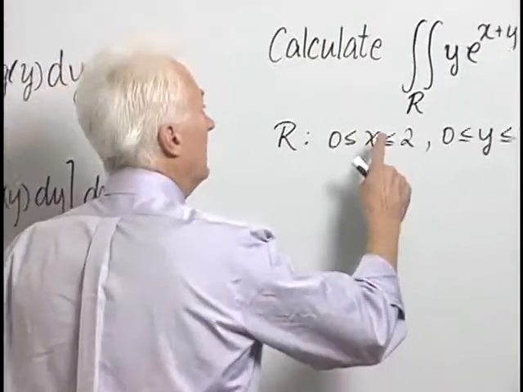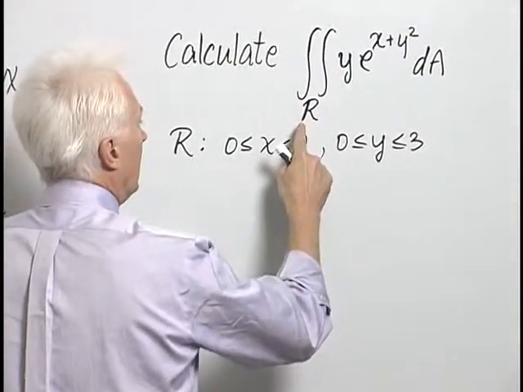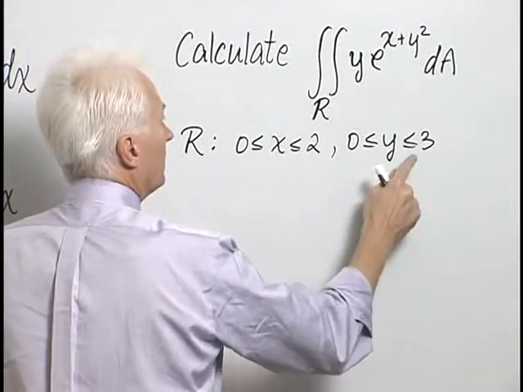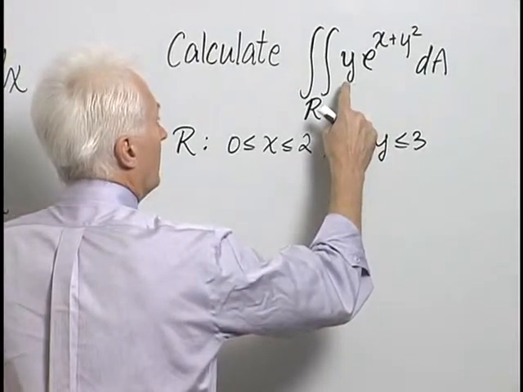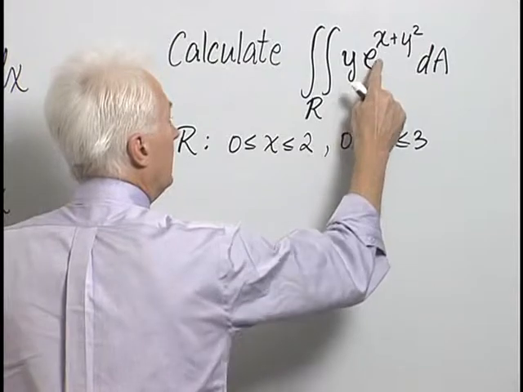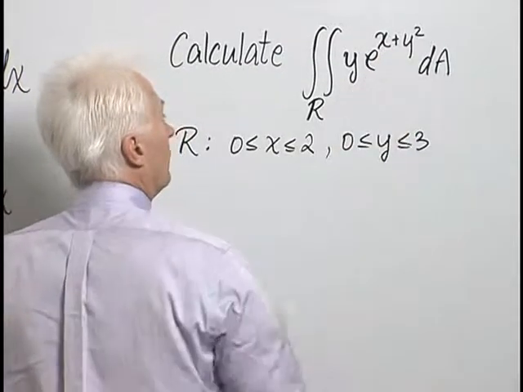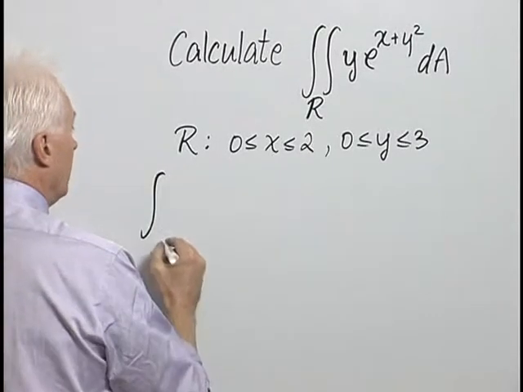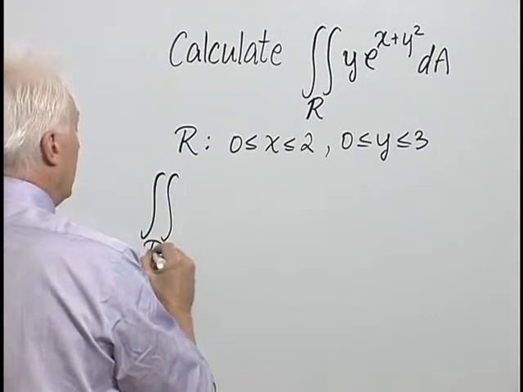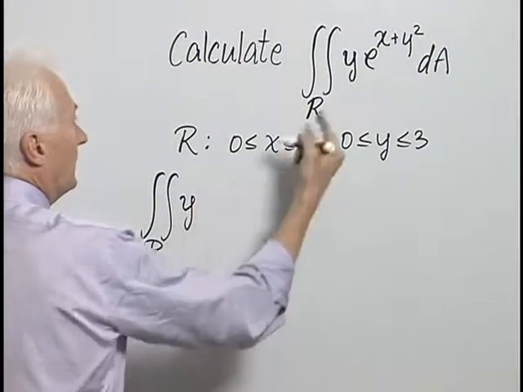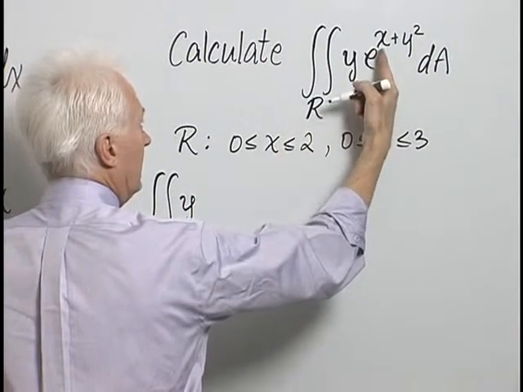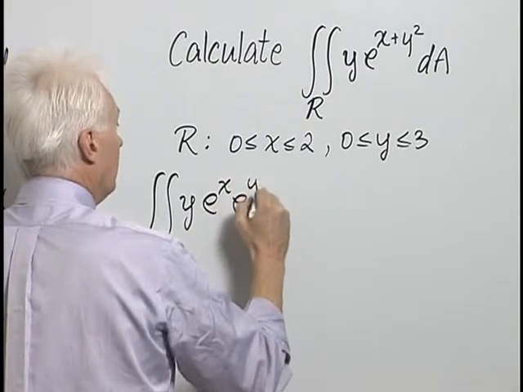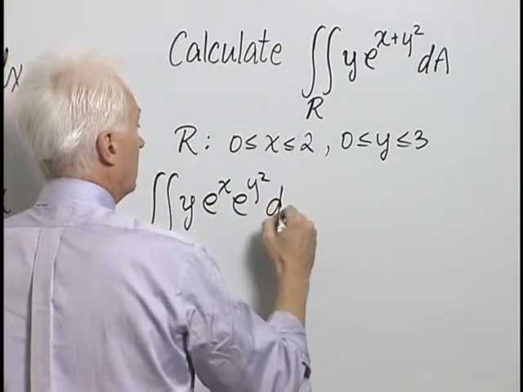Let's calculate the double integral over the rectangle R, which is x going from 0 to 2, y going from 0 to 3, of the quantity y e to the quantity x plus y squared. Well, the first thing to notice then is that our integrand can be broken up because e to the x plus y squared is e to the x times e to the y squared.